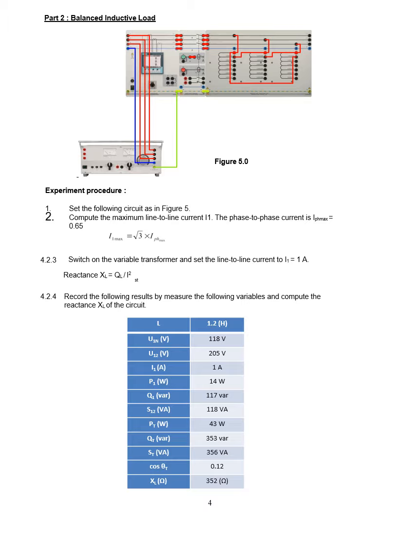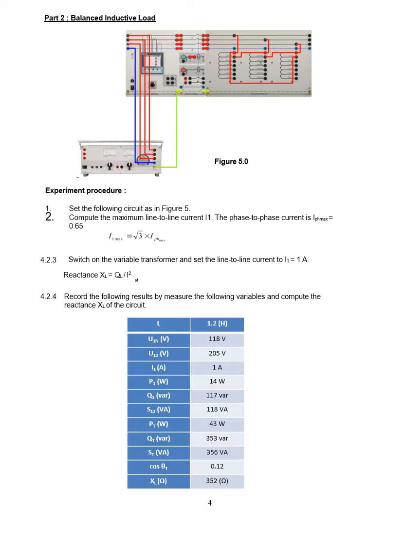So this is our result, for the 1.2 Henry. U1N, we got 118 volt, U12 205 volt. For the I, we got 1 ampere. For the P, we got 14 watt. For the Q, we got 117.